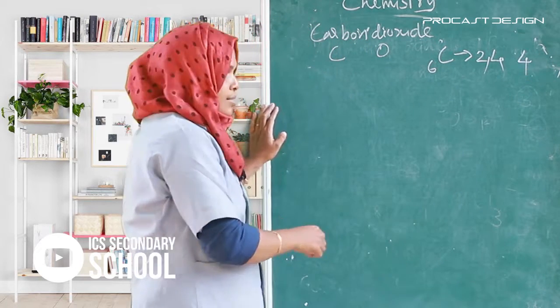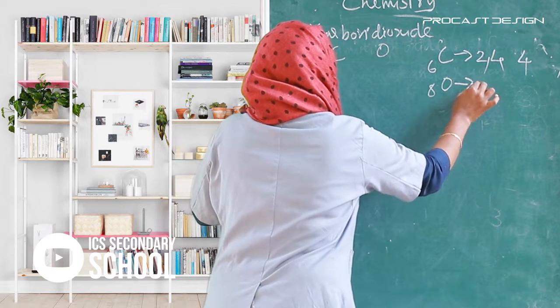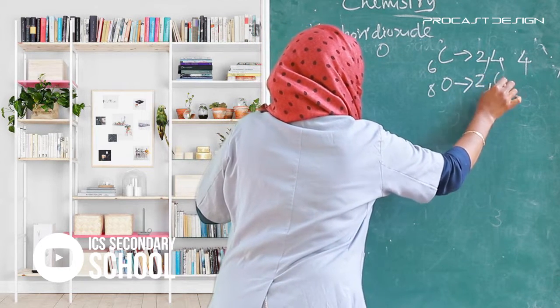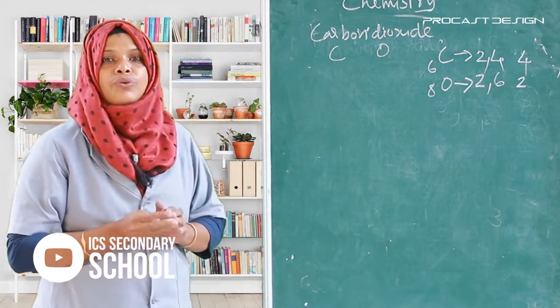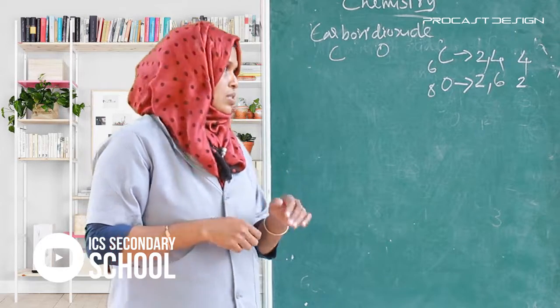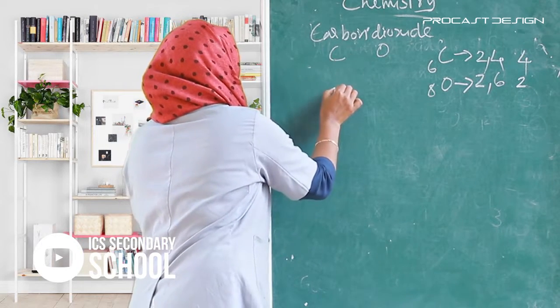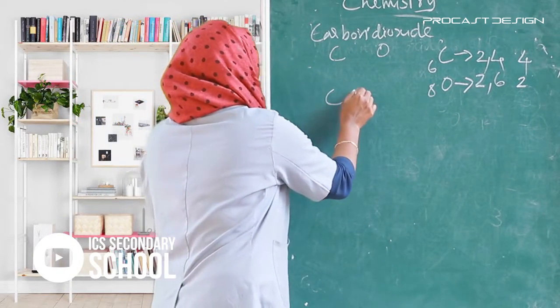Oxygen atomic number 8, electronic configuration 2, 6 and valency 2. Write the less electronegative element first: carbon is less electronegative, and then oxygen.